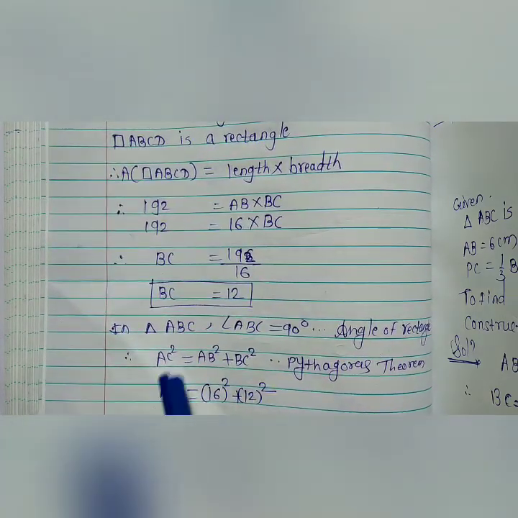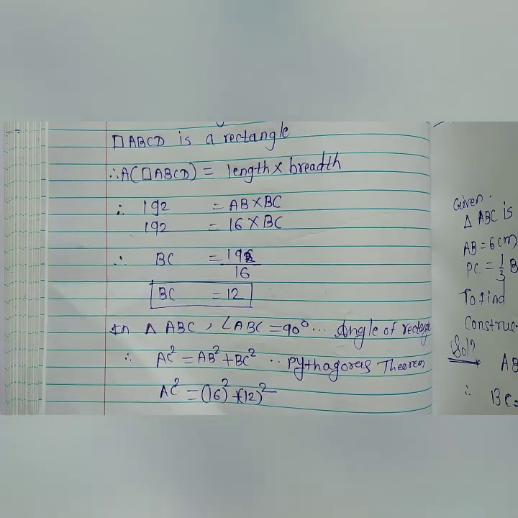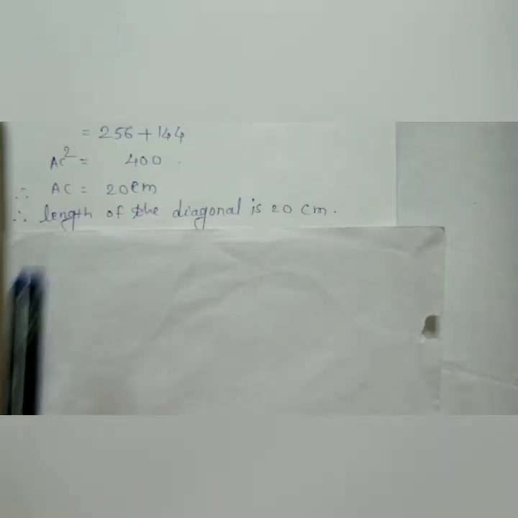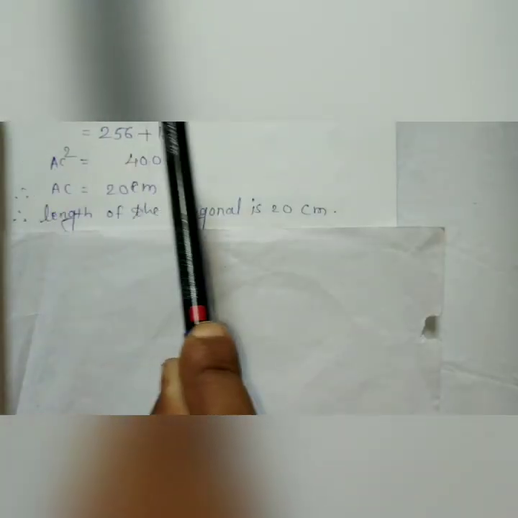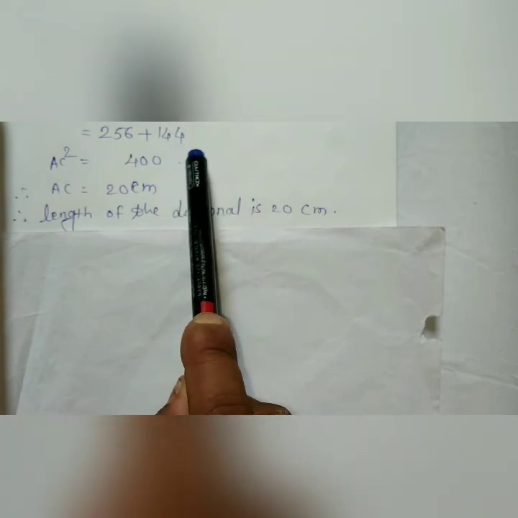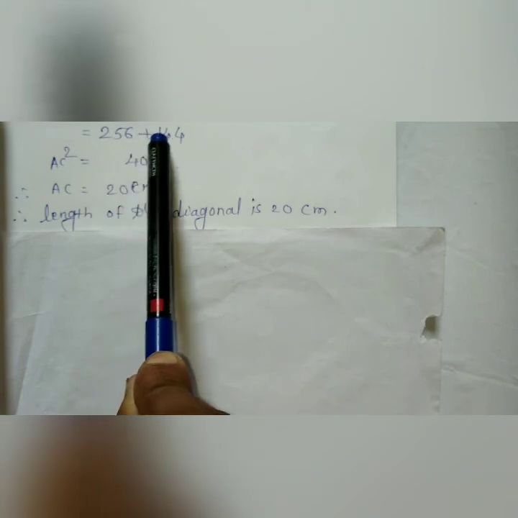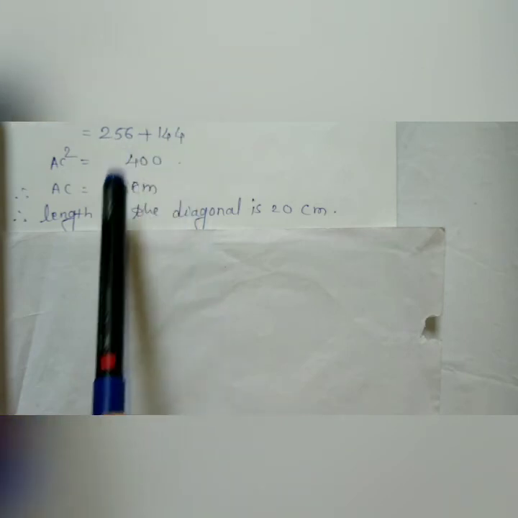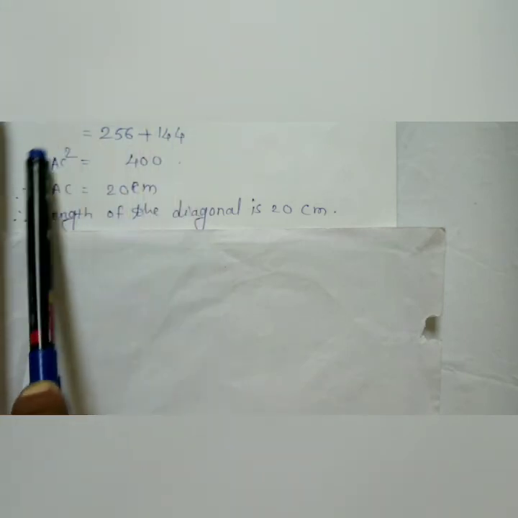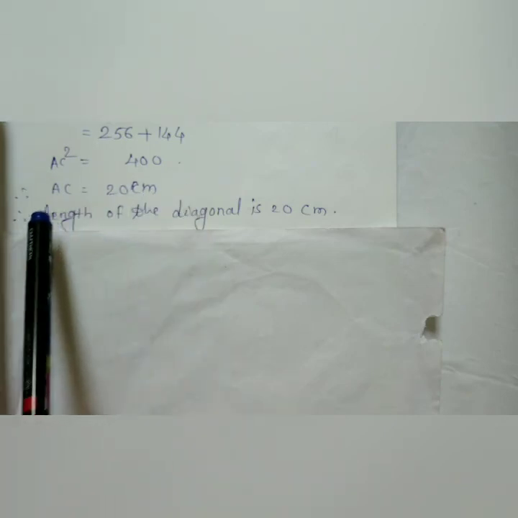Therefore AC square is equal to 16 square plus 12 square. 16 squared is 256 and 12 squared is 144. Therefore AC square is equal to 256 plus 144, which is 400. Taking the square root on both sides, we get AC is equal to 20 centimeter. That is, the length of the diagonal is 20 centimeter.